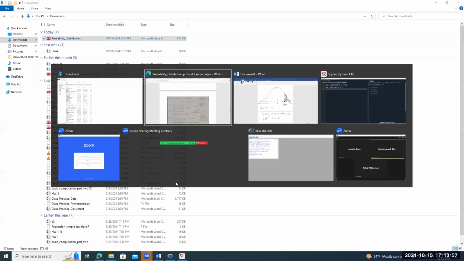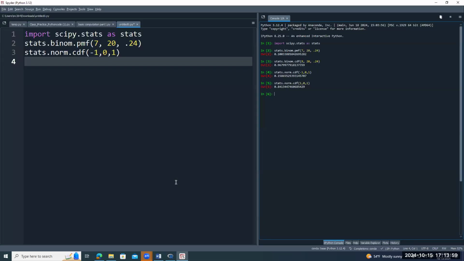Take a look at what I am writing. I am writing stats.norm.ppf of 0.87. Are you seeing 1.126?